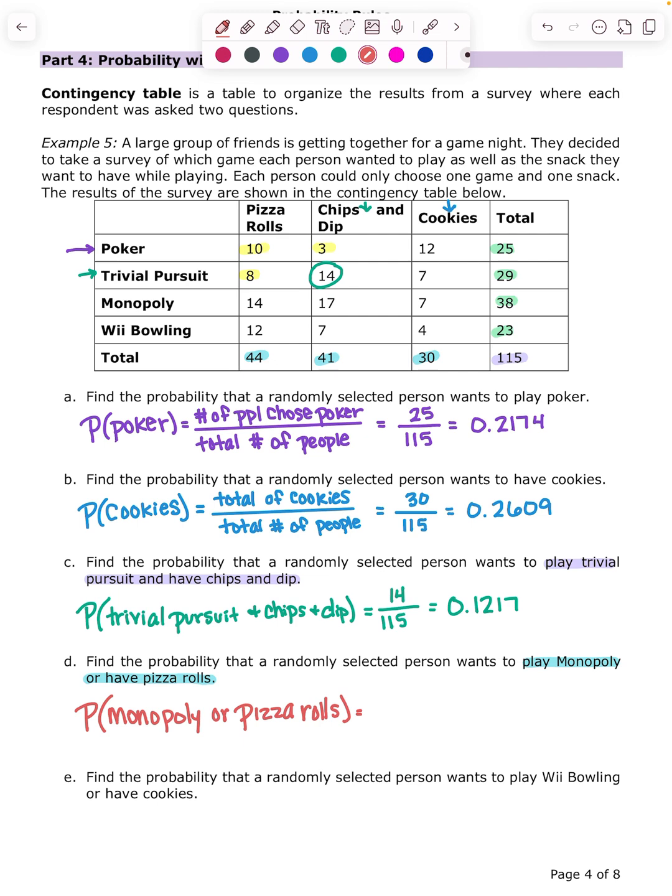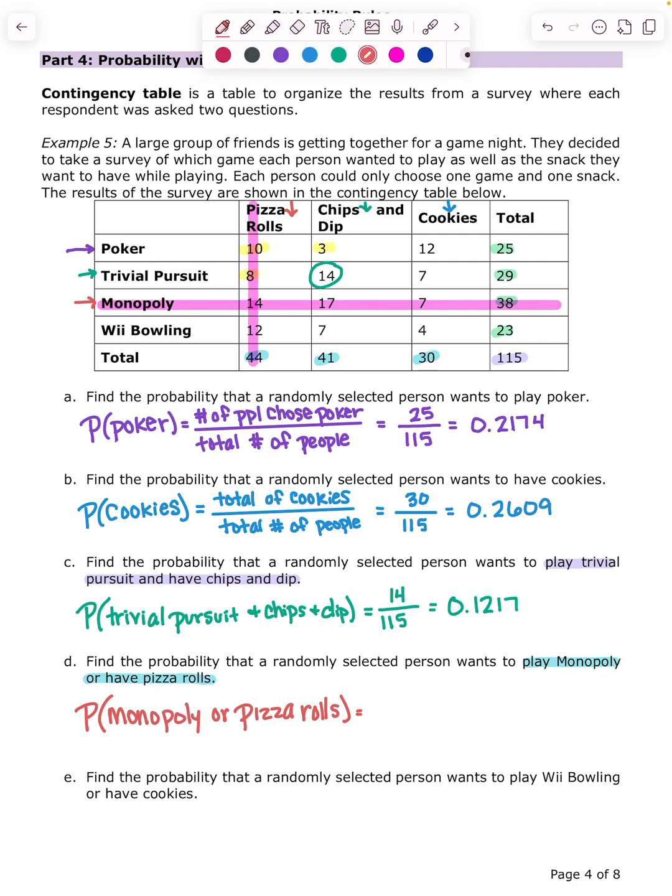So the first thing I have to ask myself is, is it possible for these two things to occur at the same time? So I'm going to look at where these are. Monopoly is a row and pizza rolls is a column. If I were to highlight these, here is all of the outcomes for Monopoly, and here are all of the outcomes for pizza rolls.